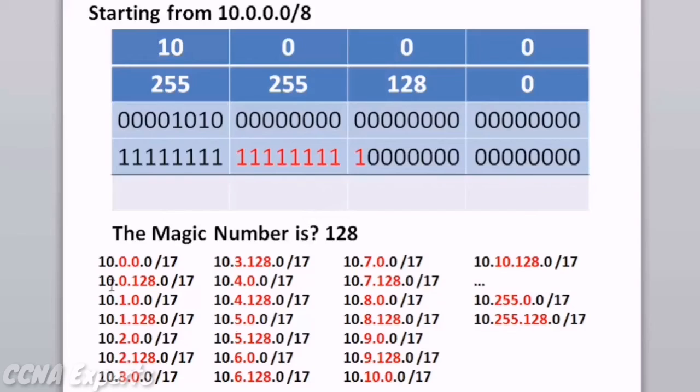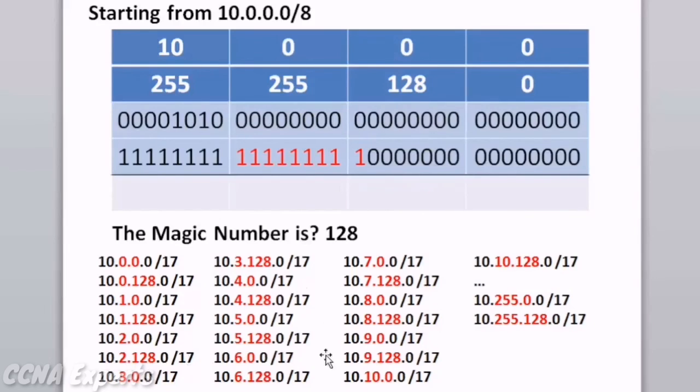The first subnet will be the 10.0.0.0/17 subnet, then the 0.128 subnet, then the 1.0 subnet, then the 1.128 subnet. As you can see, we're iterating through every possible number in the second octet and then going up by 128 in the third octet.